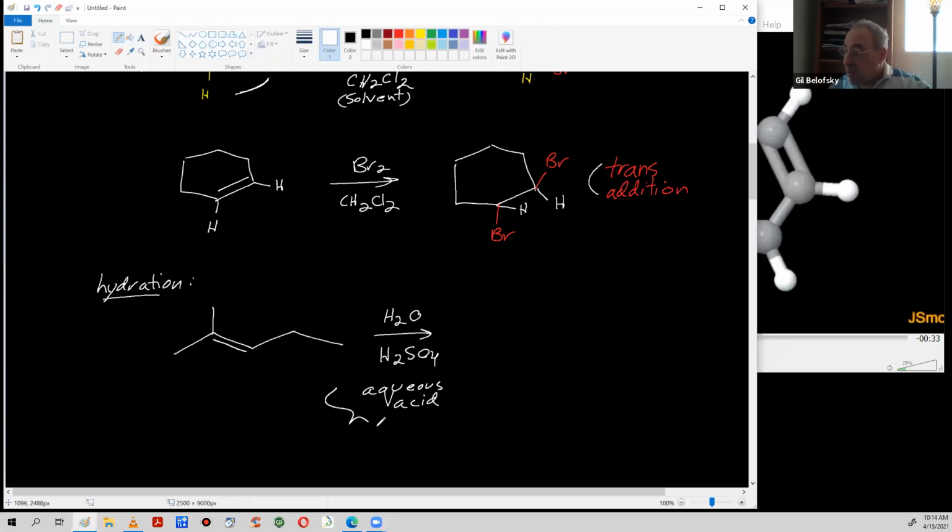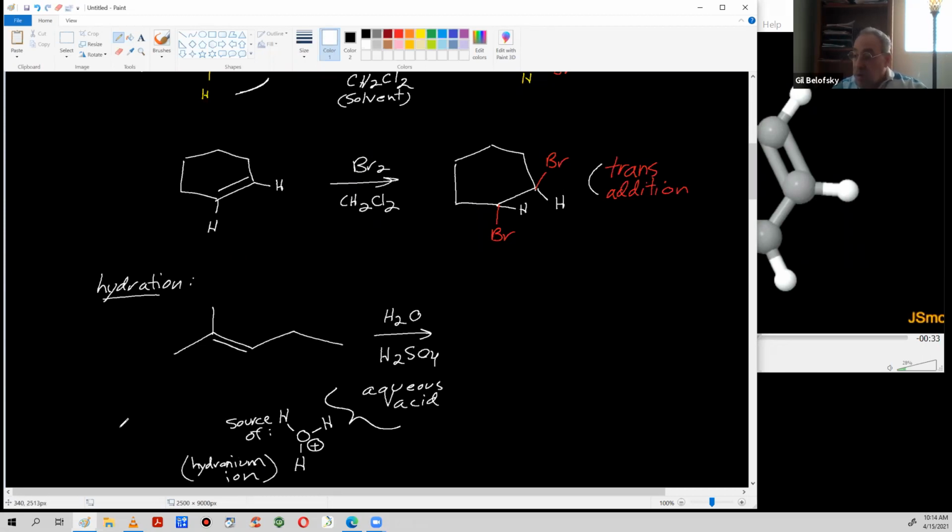Basically, when you have acid in water, I'm going to concentrate on acid and water, excuse me. So acid and water, these will react together actually, and the species that's actually reacting is hydronium ion, which looks something like this. So source of hydronium ion.